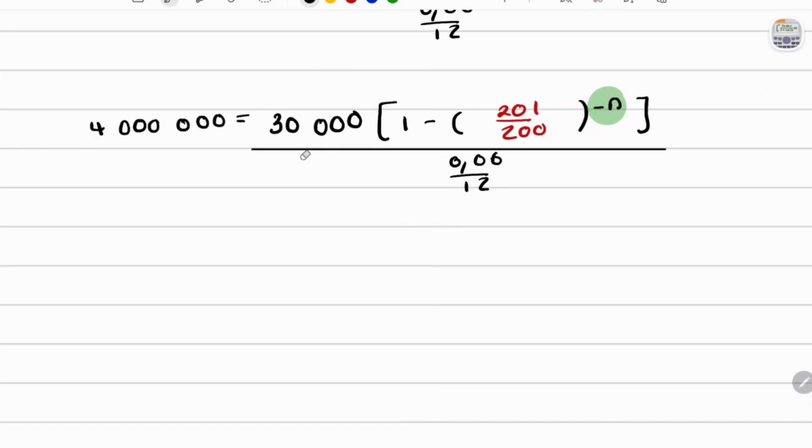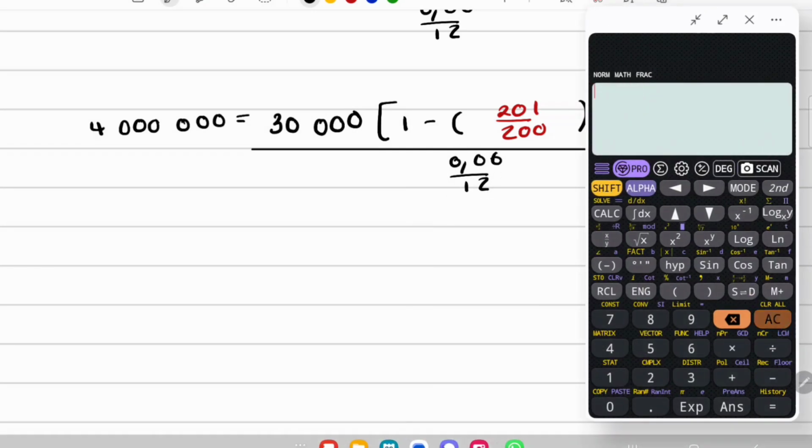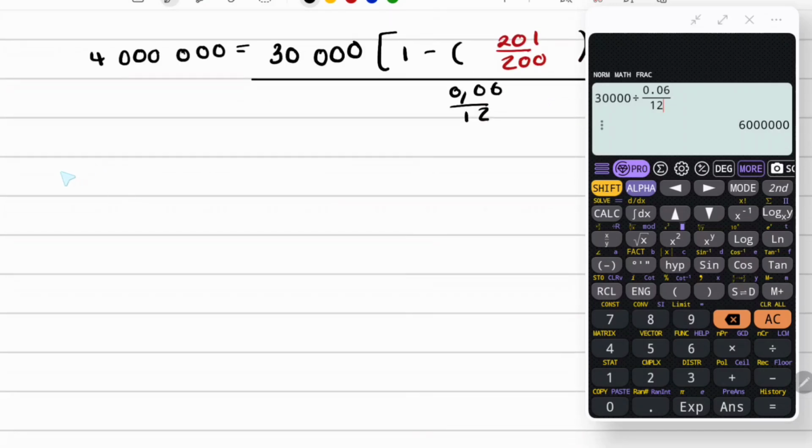In other words, I'm saying 30,000 divided by that denominator. So that's really what we're going to find out first of all. And when I do that, I get 6 million. So we have 4 million. Just keep count of the zeros. And then we have 6 million because that's 3 and that's 3. And so our 6. Okay, so 6 million that we have over here.